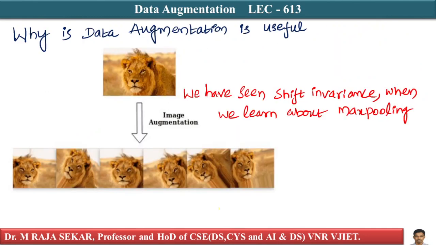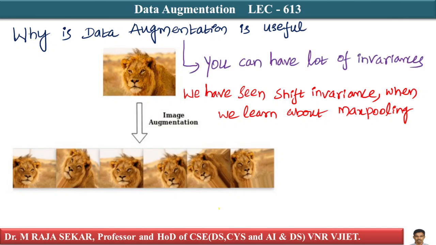Why are we doing this? Why is data augmentation useful? That's an important question. First, you can have a lot of invariances, because you are explicitly performing rotation, which means you can get invariances.